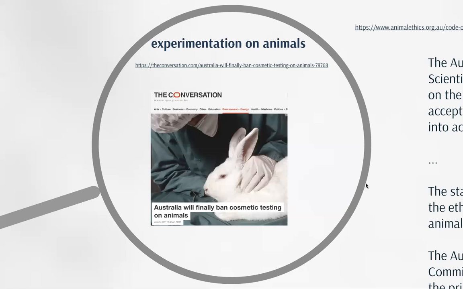In saying that, though, there is still animal experimentation. It still is a part of the scientific process. What happens, though, is that generally it's usually mice are the main ones. Mice or rats are usually tested on, and primates as well. There is in Sydney a primate testing centre. It just doesn't get a lot of press.